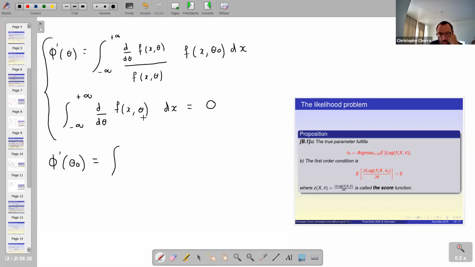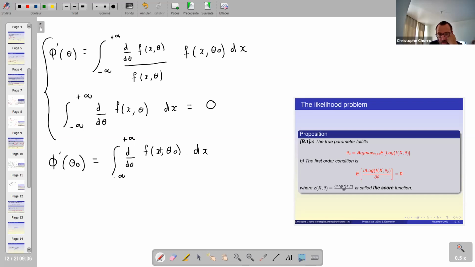If theta is equal to theta 0, I obtain simply the integral from minus infinity to plus infinity of d over d theta f(x, theta 0) dx, because if theta is equal to theta 0 in this expression, I have a simplification between this one and this one.